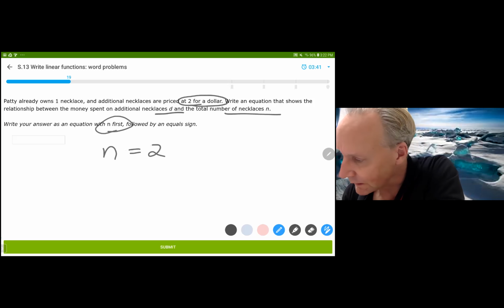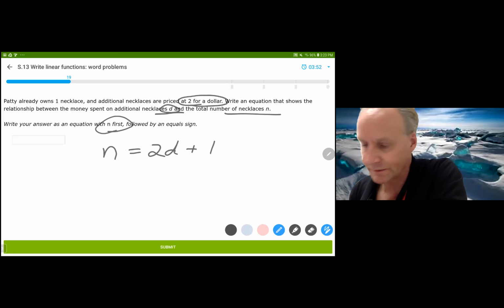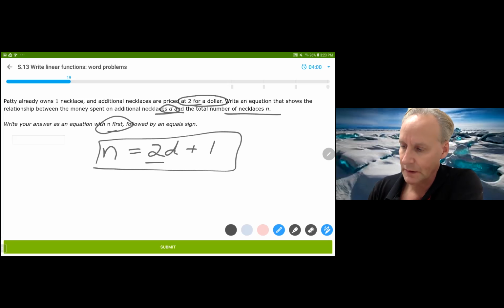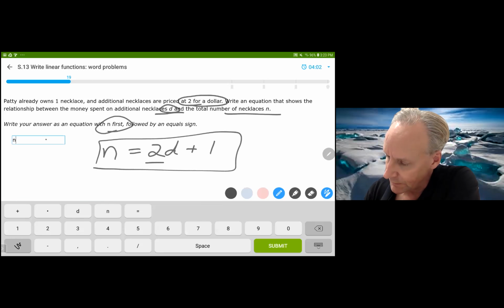It looks like D is the amount of money spent. Let's see. D, there it is. D is the amount of money spent plus the 1 necklace that she started with. So she gets 2 necklaces for every dollar spent. And so it's this one right here. N is equal to 2D plus 1, the original one.